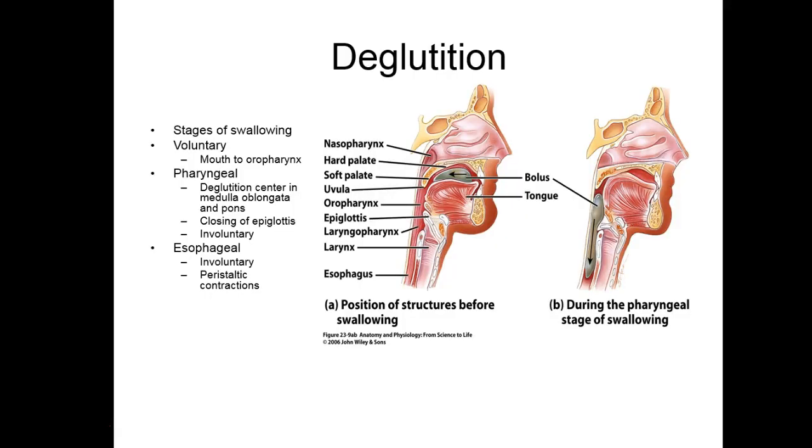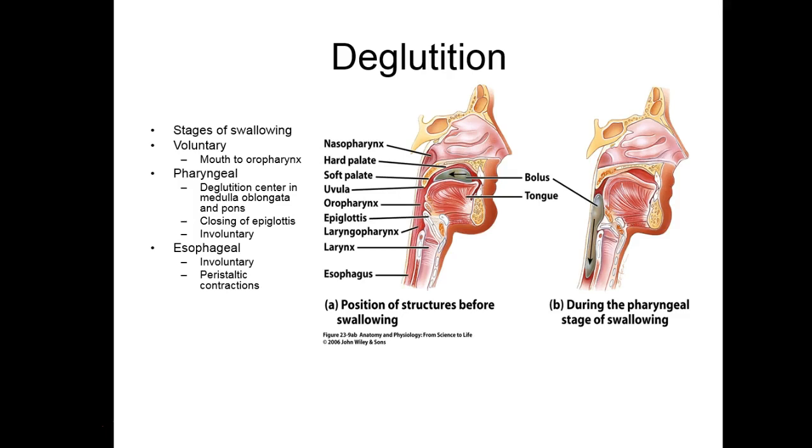And then the idea of swallowing comes in phases. Your book calls it the swallowing process, or deglutition. This becomes very important, particularly if you're going to work with elderly or somebody who has, for whatever reason, swallowing disorders. And many people can have swallowing disorders, not just the elderly.